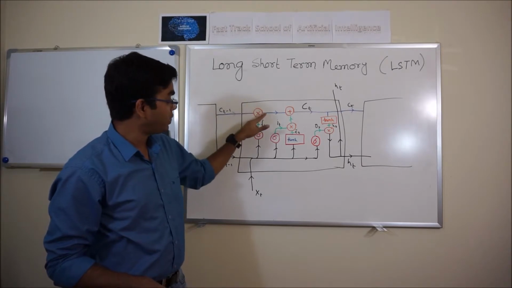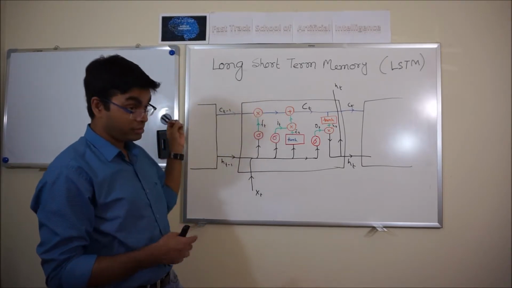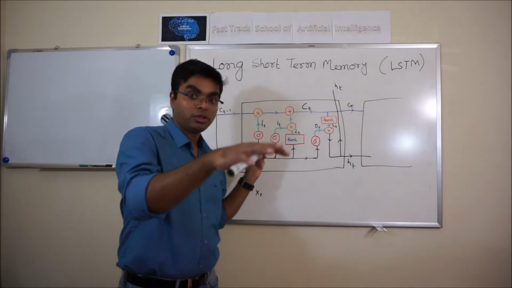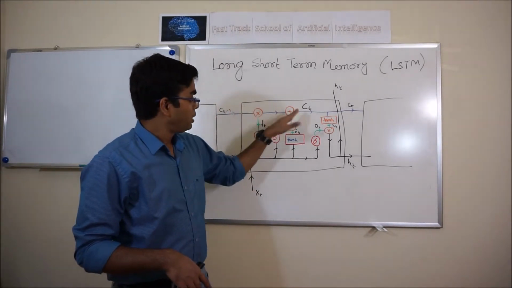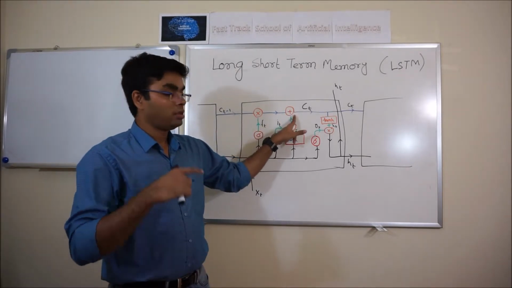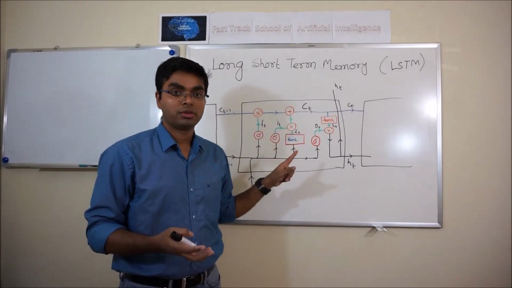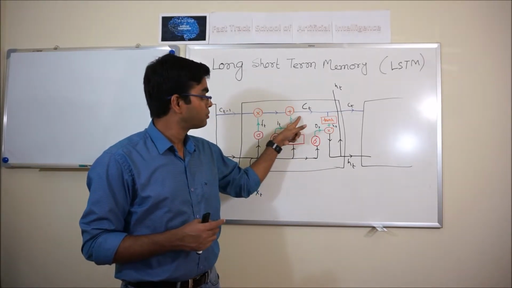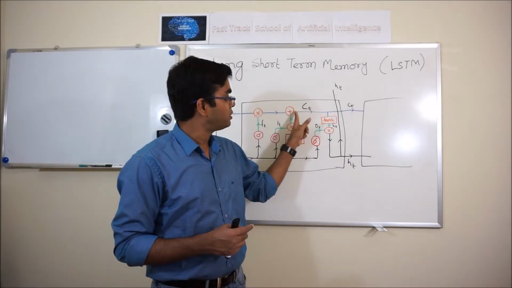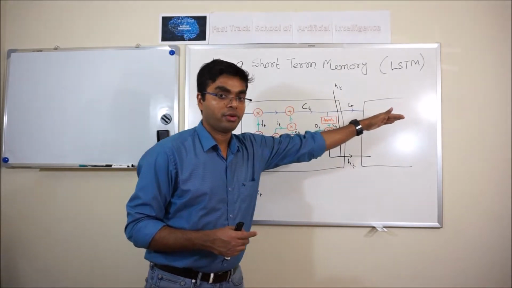Here it decides which information from the previous cell state we should carry further and which we should forget right away. In the next step, new information is added to the cell state, and finally the cell state is sent to the next step.